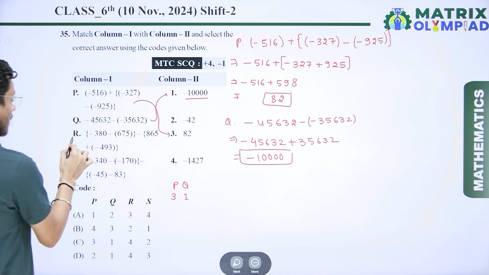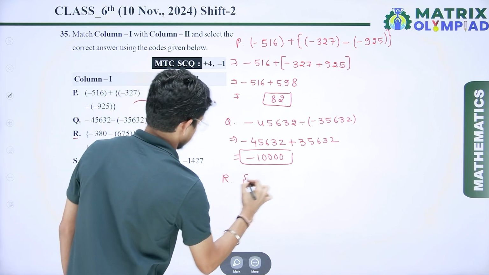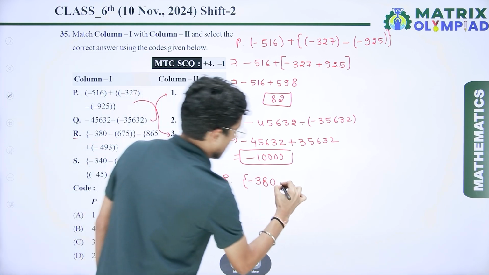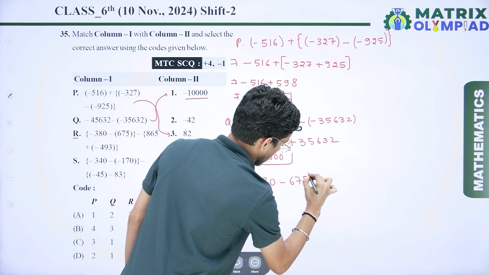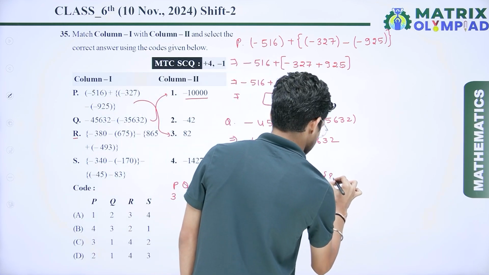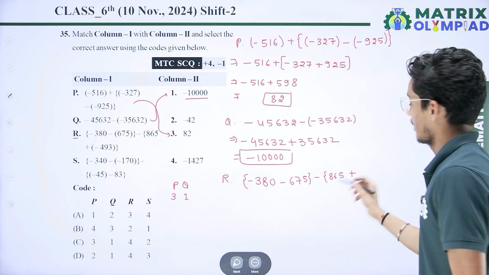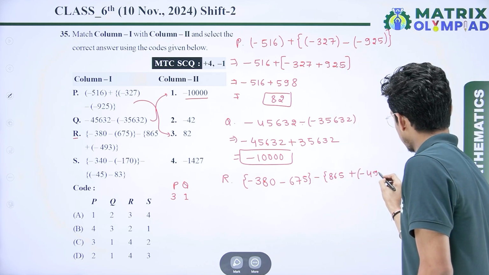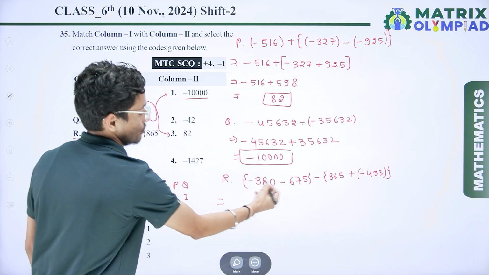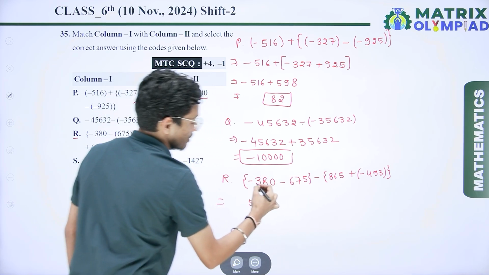So now if I talk about R, that is minus curly bracket 380 and minus 675 curly bracket close, again minus 865 and here again plus bracket minus 493 again curly bracket close. So I can say that here minus minus plus. So 5 and 8 or 7, 15, carry 1, 6 or 3, 9, 9 or 1, 10.